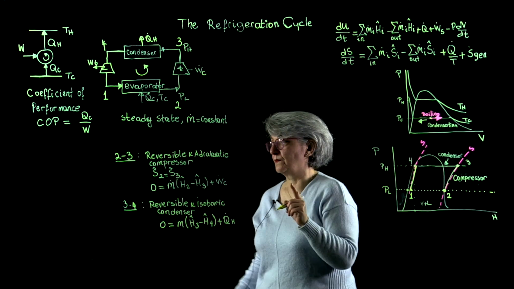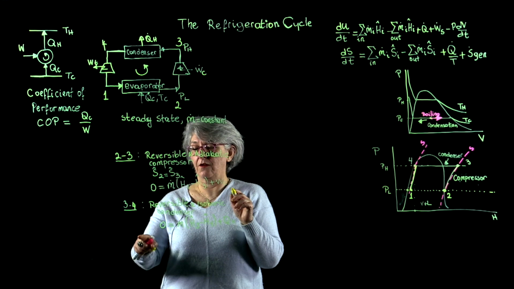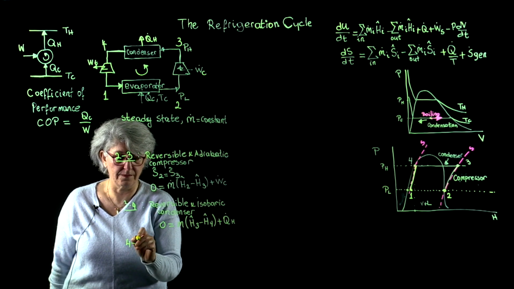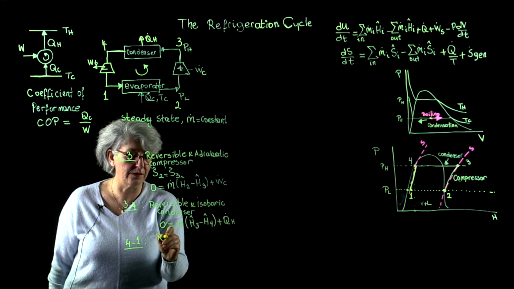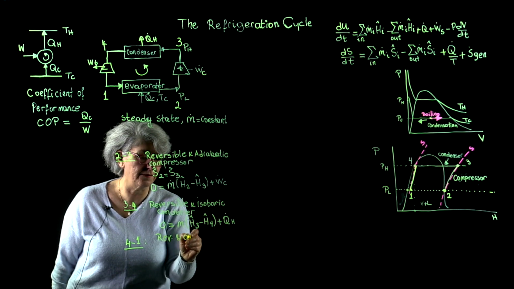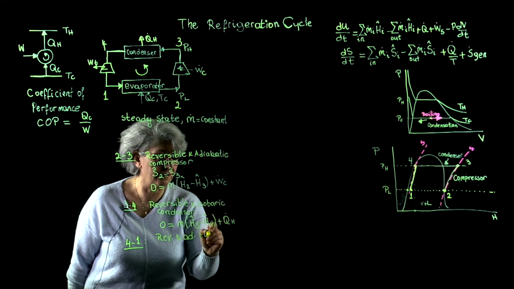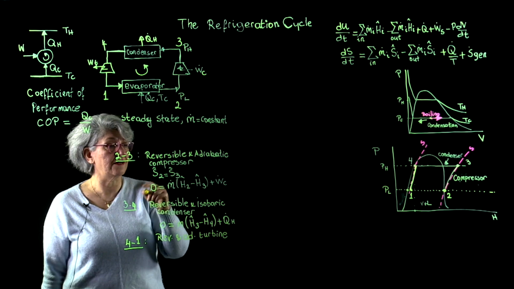So between point 4 and 1, I have a reversible and adiabatic turbine, which operates at constant entropy.